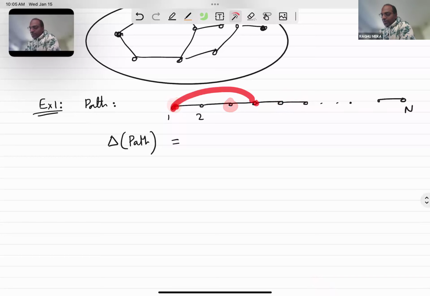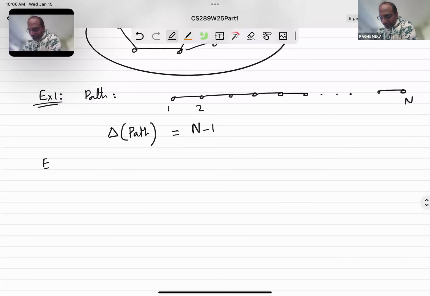If I take this and this, the distance is 3, and so on. But what is the length of the longest, shortest path? As before, if you want to, you can either chat or just answer, by unmuting yourself. So what is the diameter of the path graph? Well, the furthest two vertices are 1 and n. So the diameter is n minus 1. Okay.